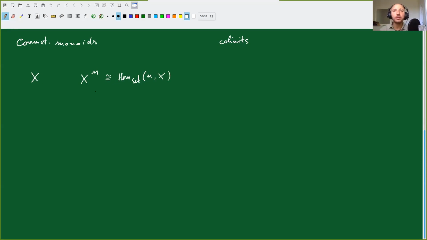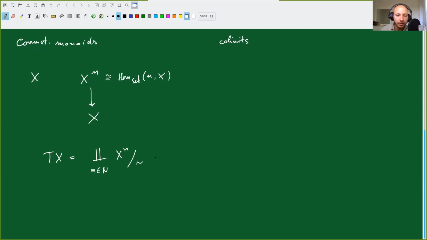And this gives you an element of X again, which can be seen as a product of these. And then there's a monad, which can be obtained by taking the colimits of all these. So the disjoint union, but we have to quotient under permutation.